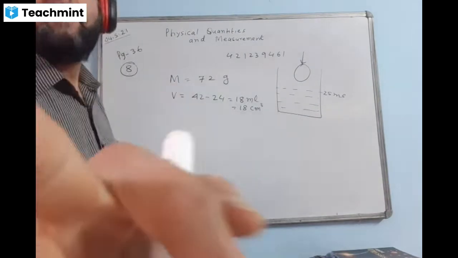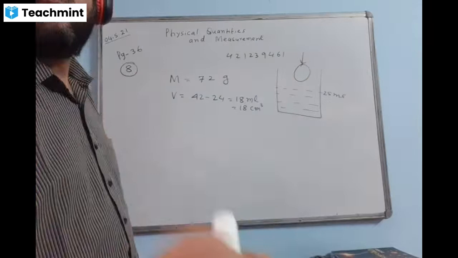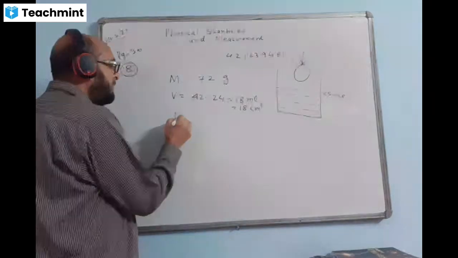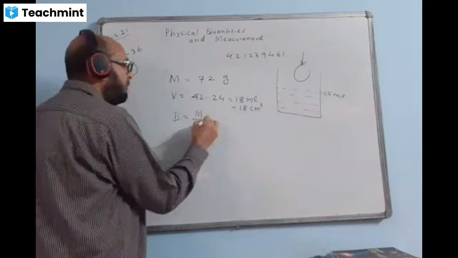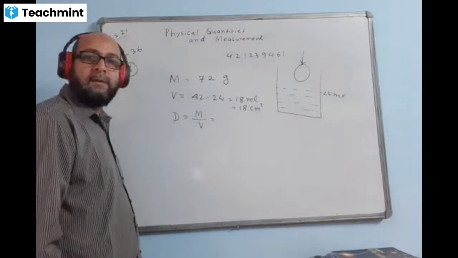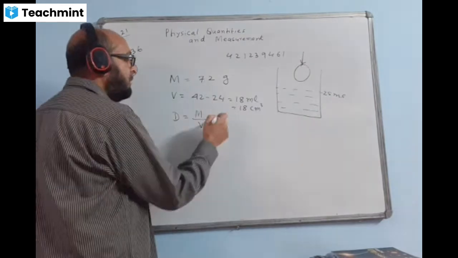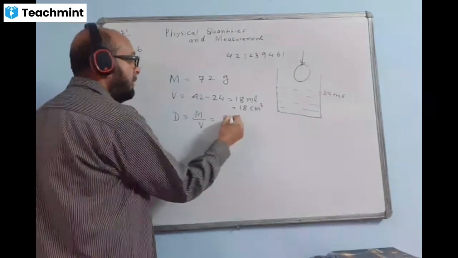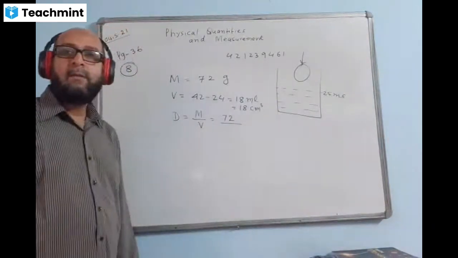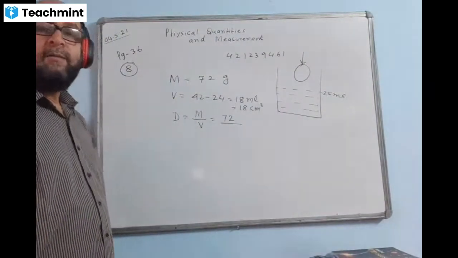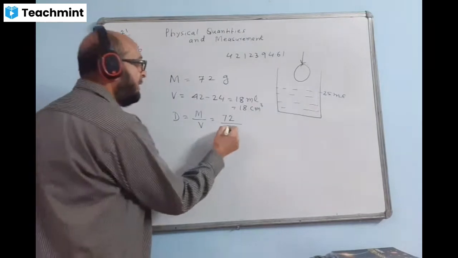Then we'll find the density. The density formula is mass upon volume. Mass is 72 and volume is 18.